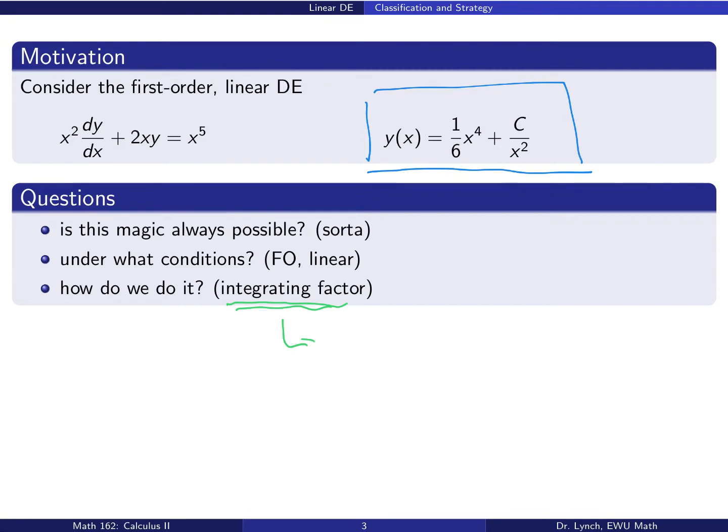We'll see in a minute. The integrating factor is a magical factor that changes a first order linear differential equation into a product rule. Once we have that product rule, we know that we can integrate both sides, and away we go.